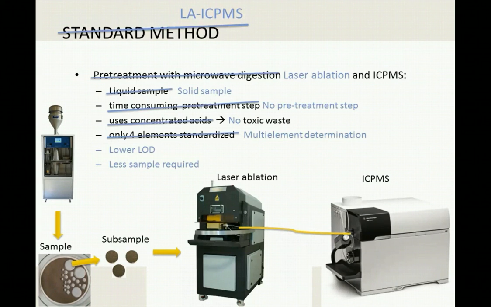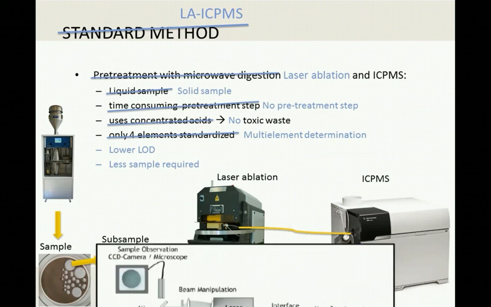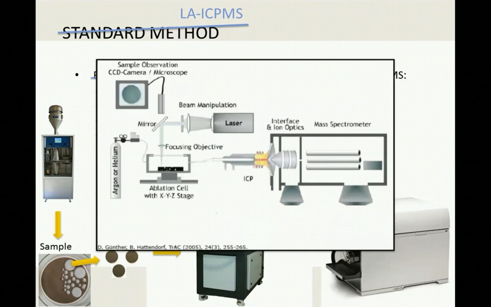To avoid those problems, we developed a method with laser ablation ICP-MS, where instead of microwave digestion, we use laser ablation, which can use a solid sample and is directly coupled to ICP-MS. So how does laser ablation work?